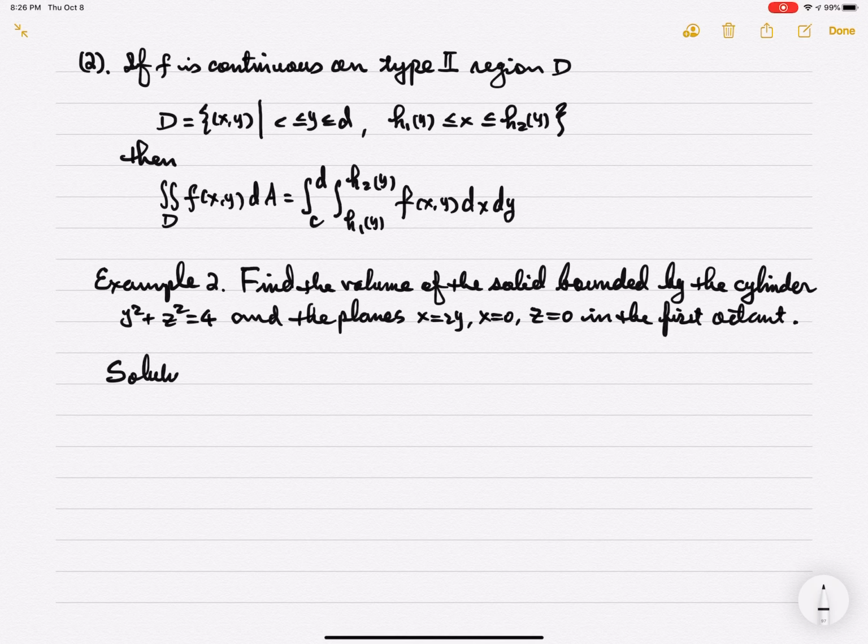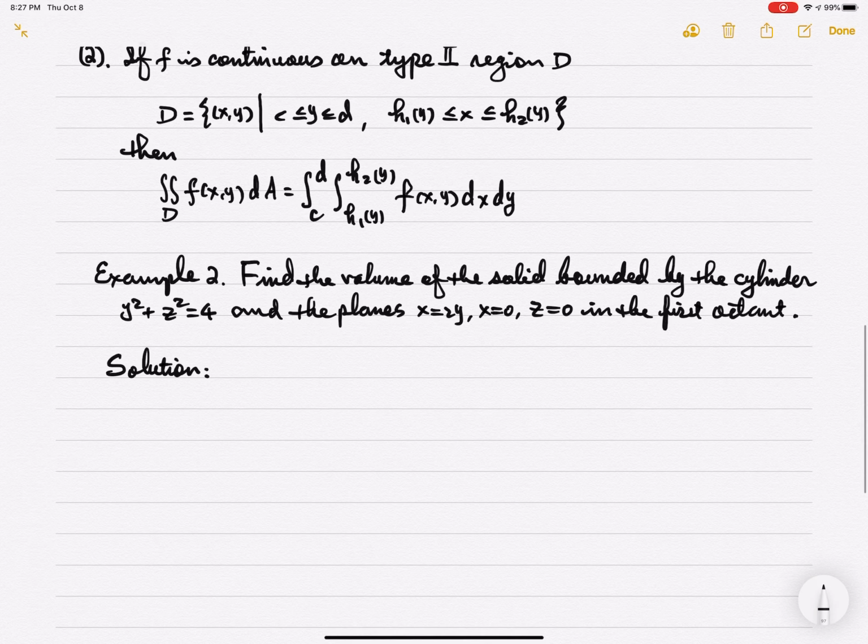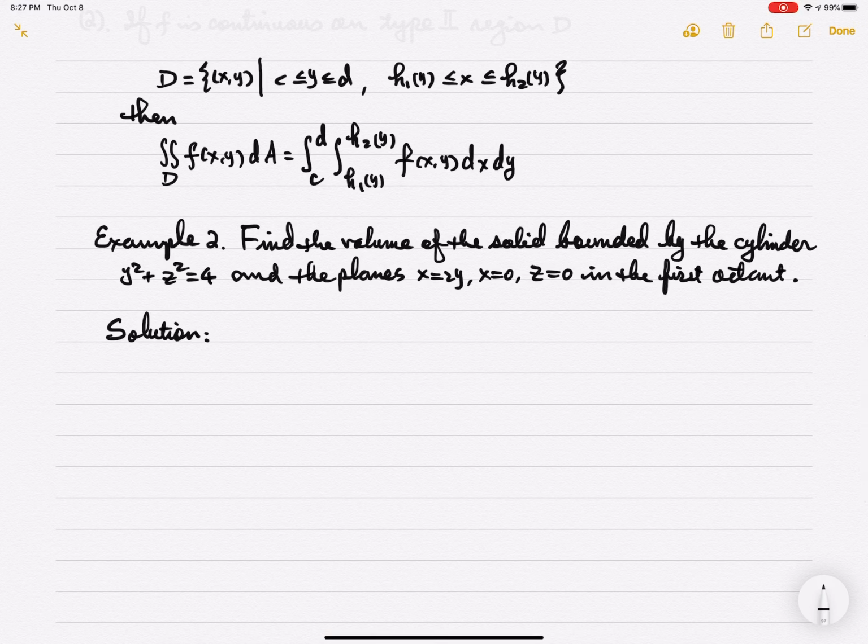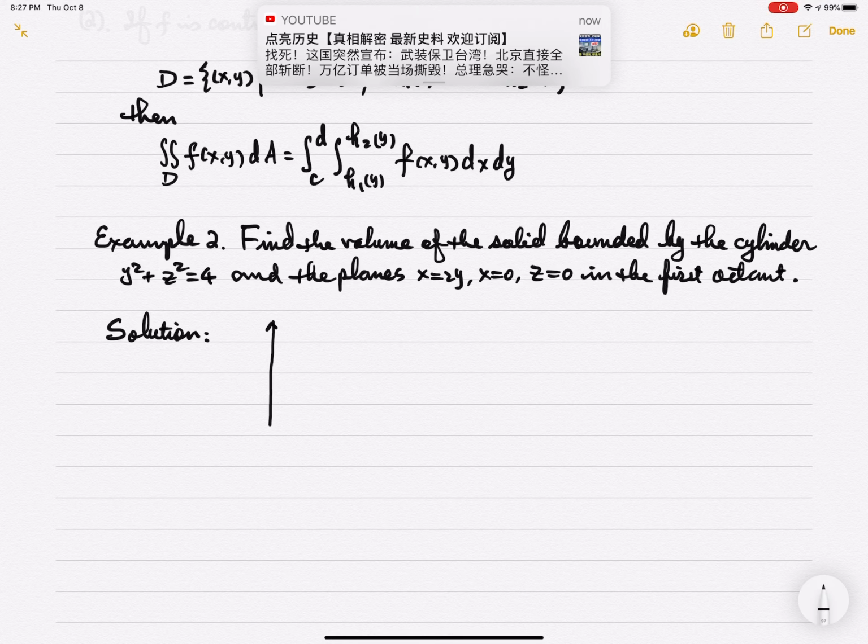Now again, if we draw the graph, this is a double integral, and a lot of times it involves geometry. If you can draw the graph, that really helps. So here, if we draw the z-axis this way, and then this is the x-axis.